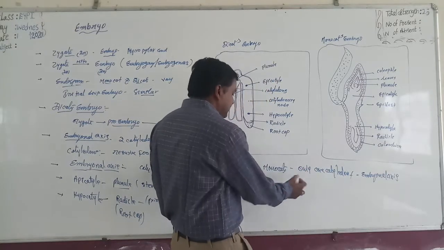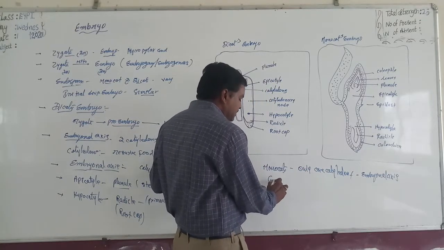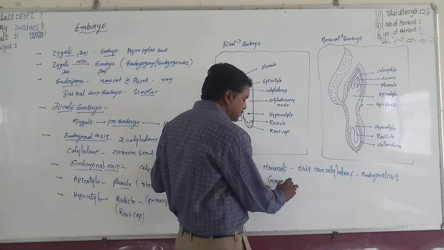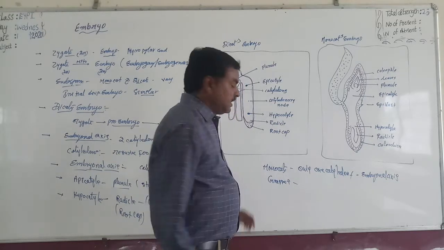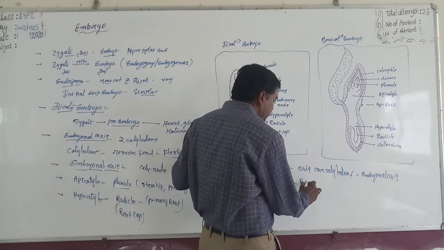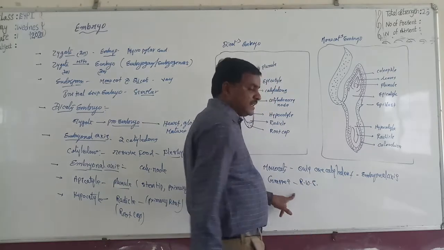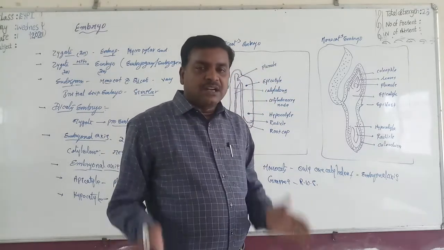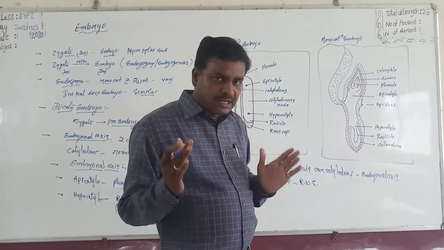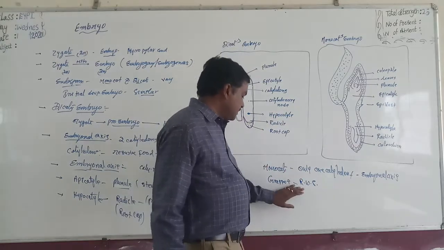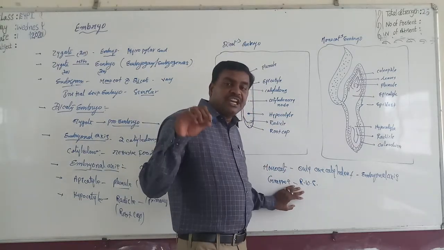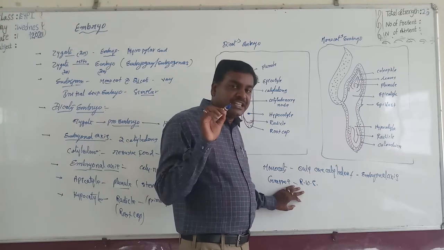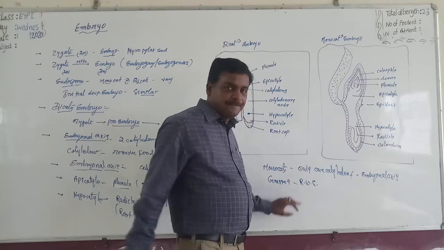In the case of the grass family, that is rice, wheat, sorghum and so on, a shield-shaped single cotyledon is present.